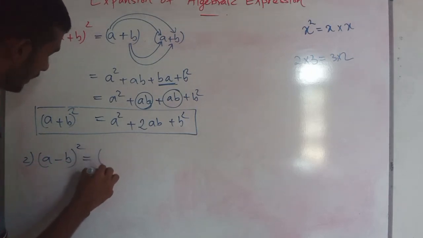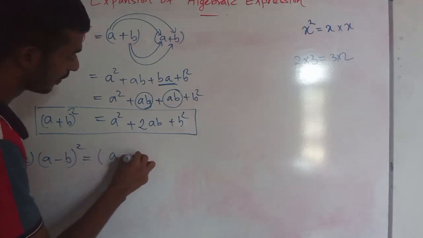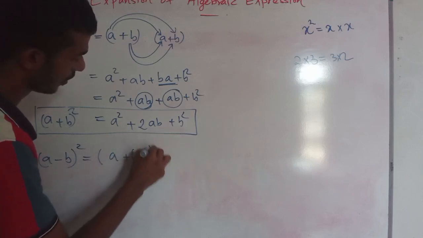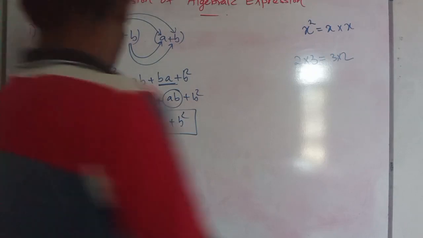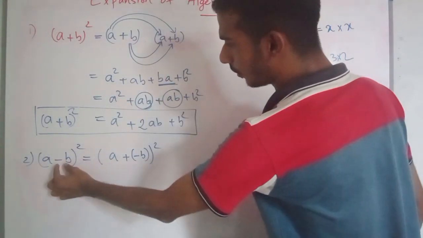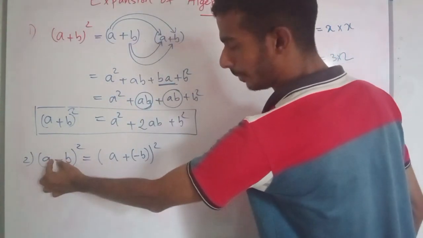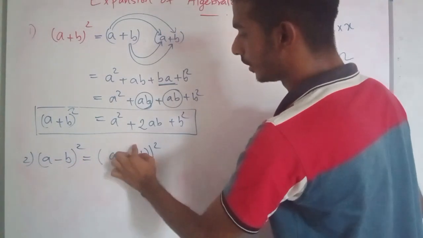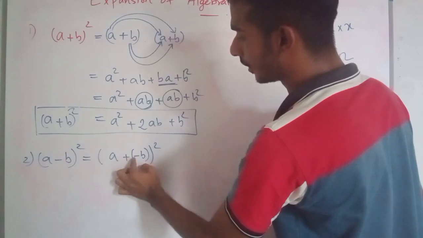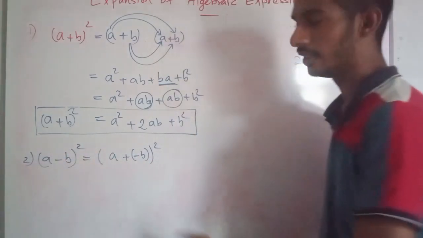You just look here: (a plus minus b) squared. So you see, I have written this minus as plus into minus, right? So a plus, into minus b. So I get this.